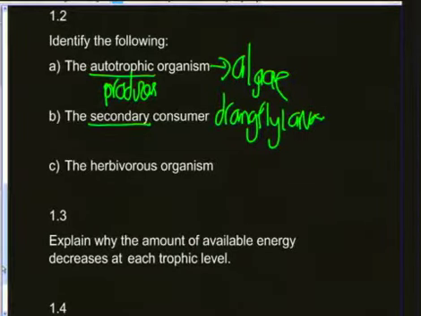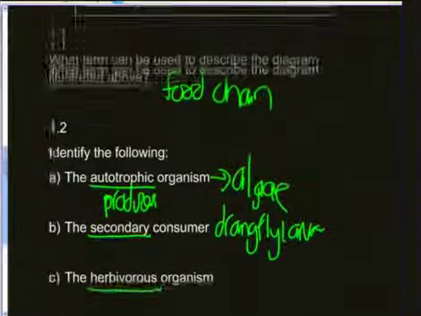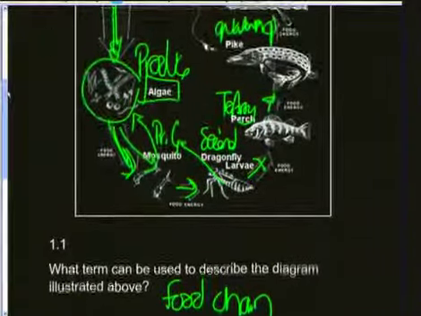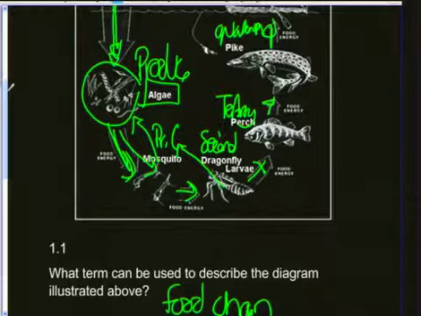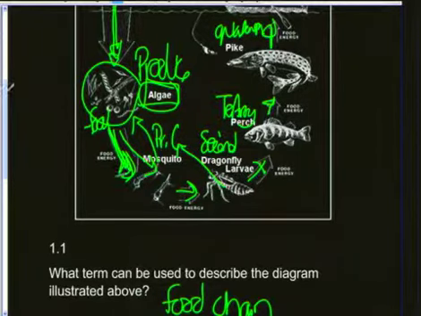Now over here, the herbivorous organism. A herbivorous organism eats plants. Though algae is not a plant, it makes food. So a herbivore eats the green stuff that makes food. So what would be my herbivore?